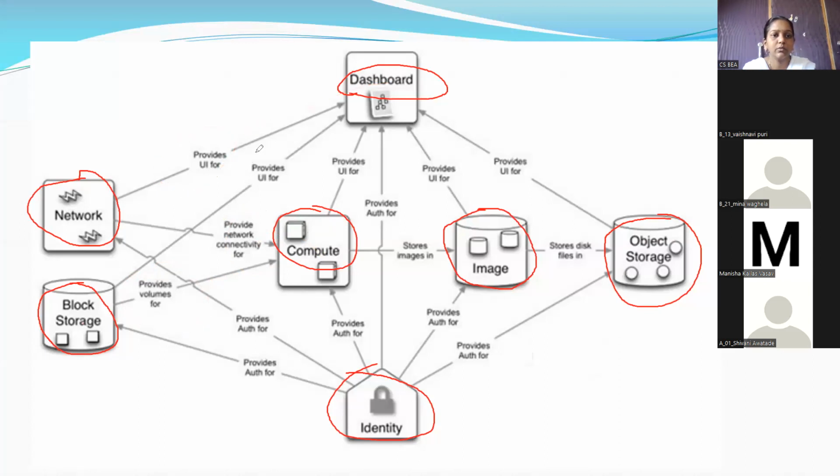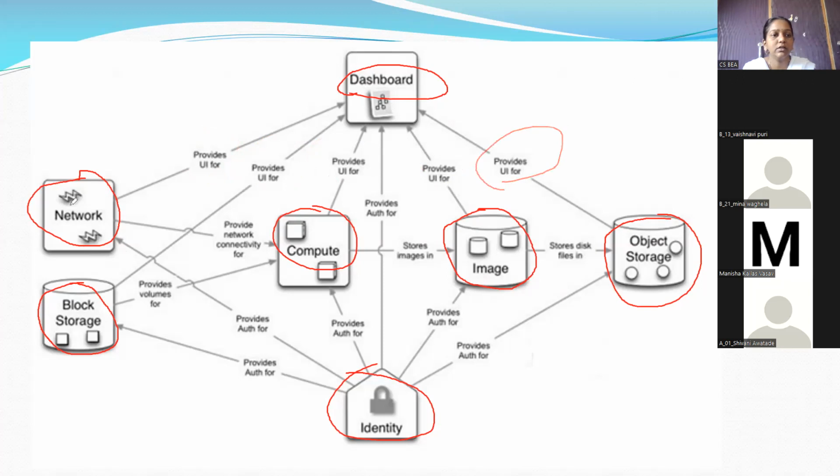This will again provide the UI. So everywhere it will be providing the user interfaces. Here also, all the components are providing the user interfaces. You can see over here from the network also, you are getting the UI. Here also, here also, and here also.